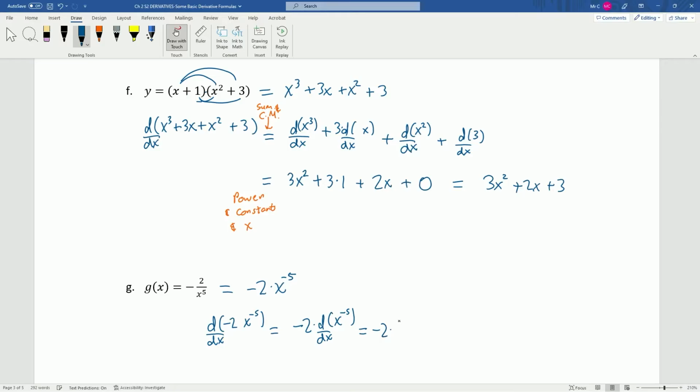That's negative 2 times negative 5x to the negative 6. Remember, we multiply by the current power, or the original power, and then we subtract 1 from it. That's our power rule. This gives me 10x to the negative 6th, or 10 over x to the 6th.